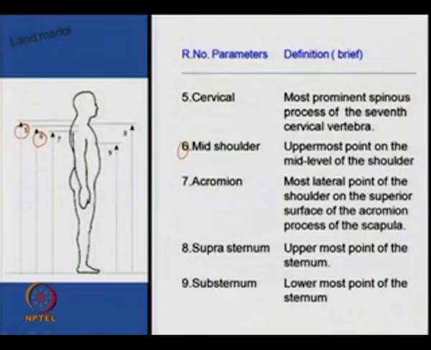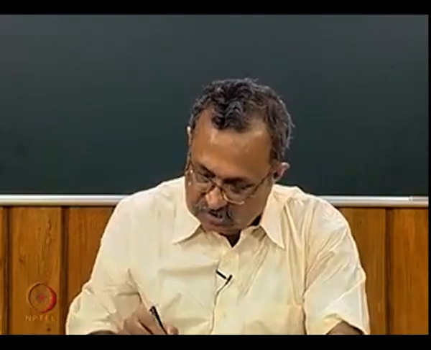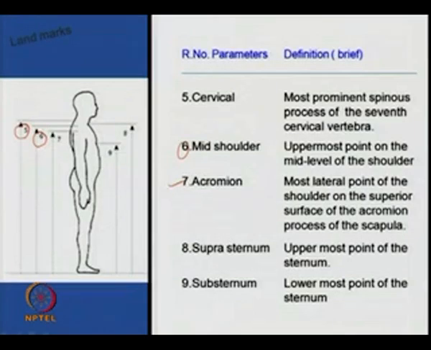It is the most lateral point of the shoulder on the superior surface of the acromion process of the scapula. The scapula bone, this triangular bone, this point is matching here. So, number 7 is the acromion point, and this is the acromion height.